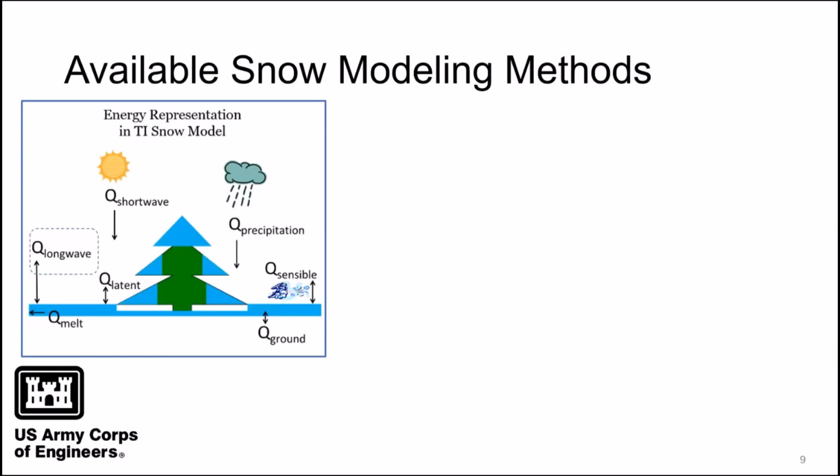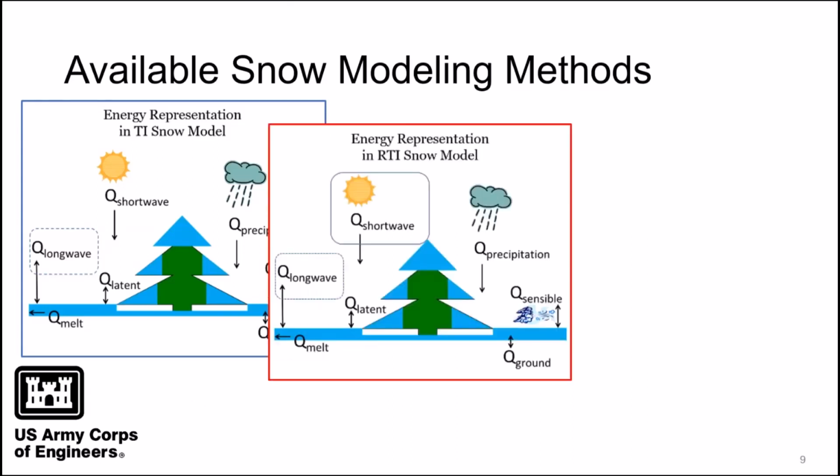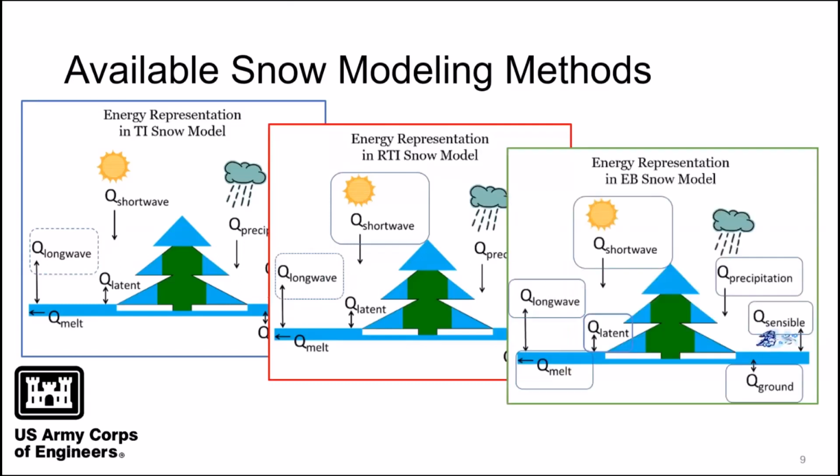The temperature is a proxy for that. And then next, in the RTI, both long wave and short wave radiation are accounted for. And Mike will talk more about this as well. And then finally, in the energy balance, every single one of those terms is accounted for.